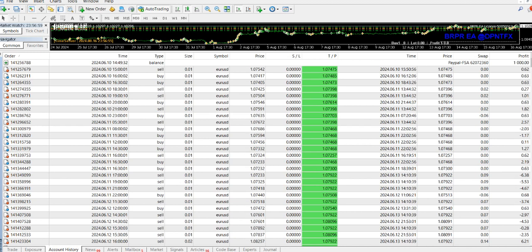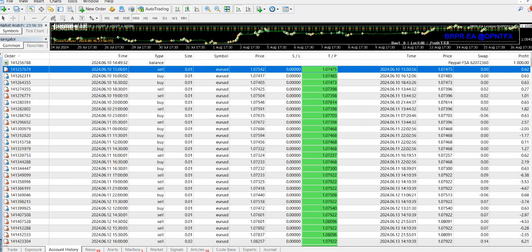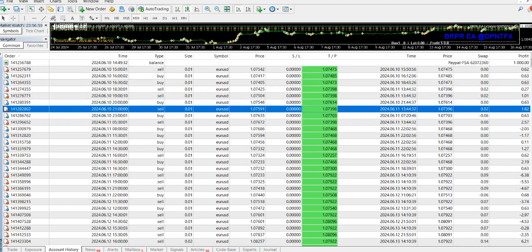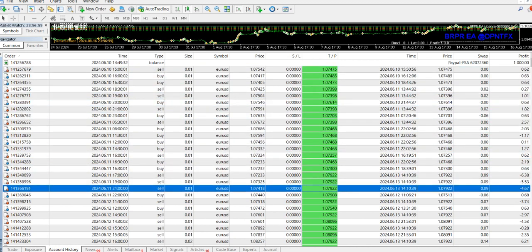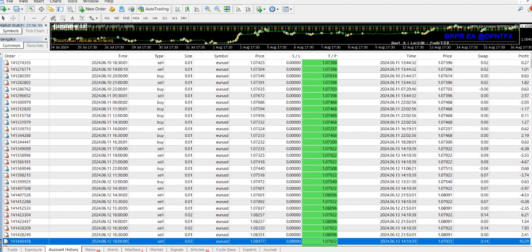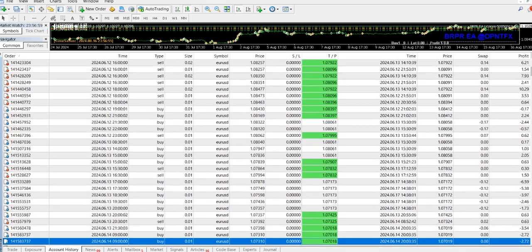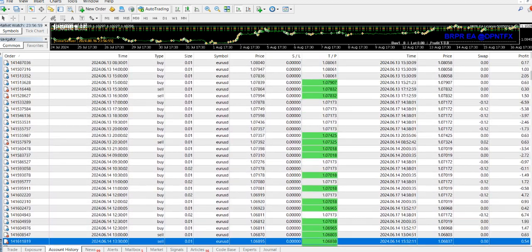The minimum requirement for this expert advisor is 1,000, and if you keep like 1,200 to 1,500, that would be ideal. We started with 1,000 on this account on 10th of June, and so far we have experienced so much fluctuation and volatility in the Forex market. Profitability is something different and consistency is something different.